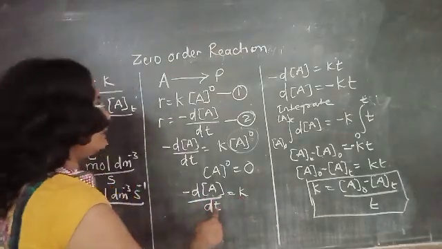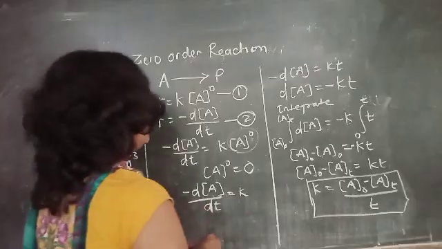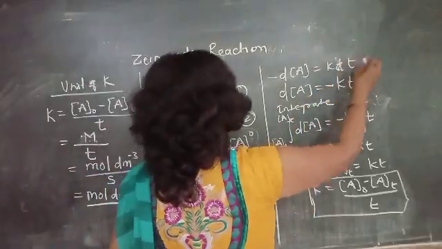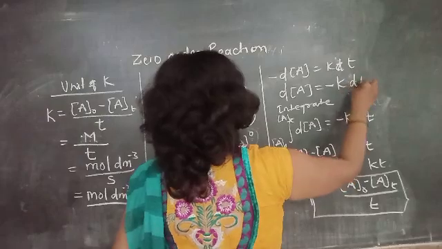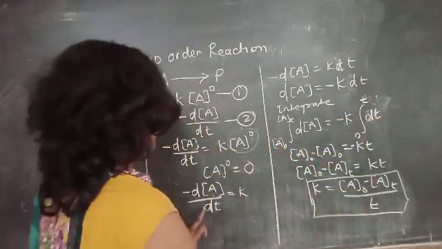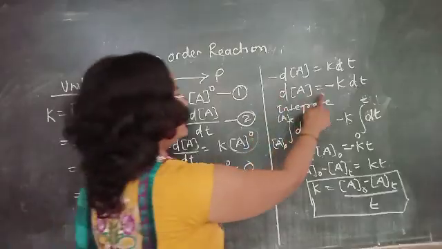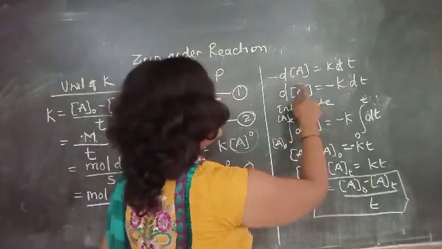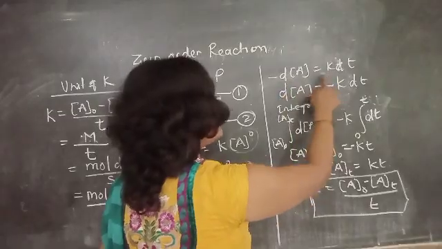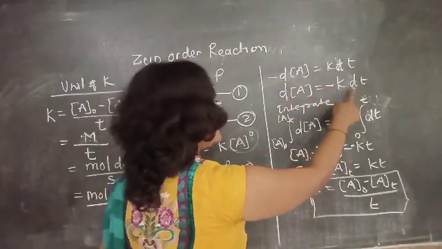Now variable separation: we shift the dt over here. Then we will integrate this one. So minus dA is equal to k dt. We shift the negative sign, so dA is equal to minus k dt.